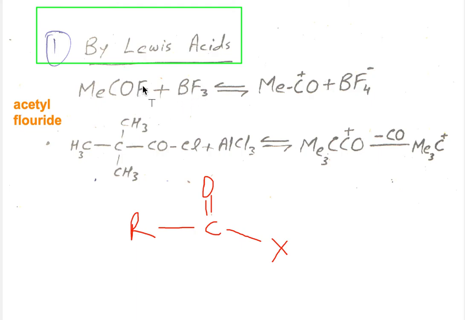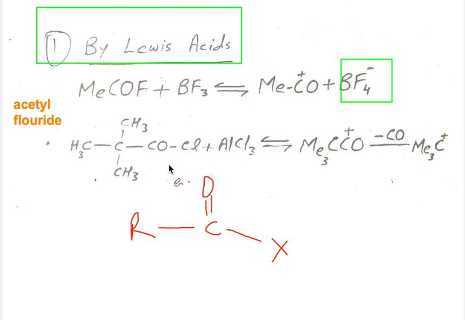The fluoride provides a pair of electrons to trifluoroborane, making tetrafluoroborate as a complex, leaving the acetyl cation as a stable product.